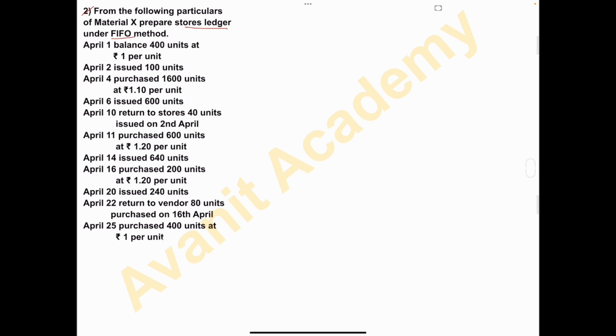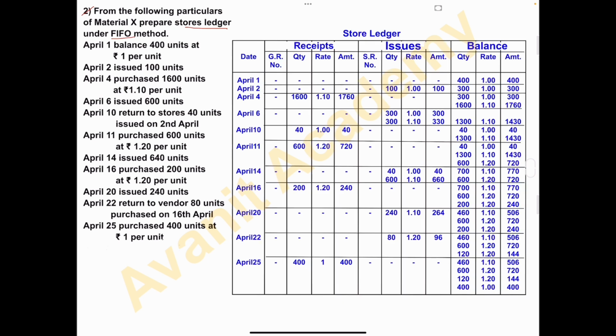Let's start the solution. Heading store ledger, and the columns are date, receipts, in that GR number, quantity, rate, amount, issues, SR number, quantity, rate, amount, and the last column is balance, in that quantity, rate, amount. See the first transaction, April 1st.